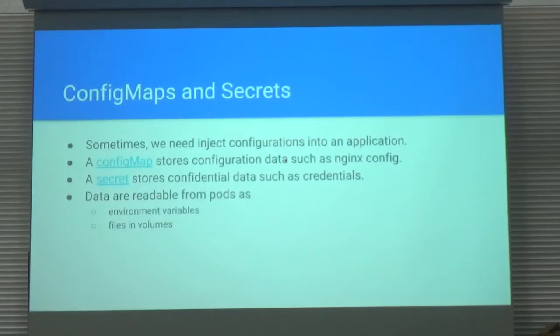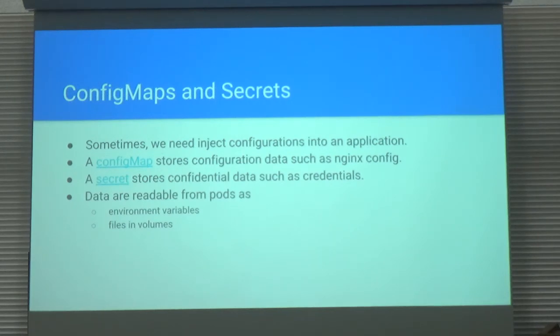Okay, next is ConfigMaps and Secrets. Sometimes we need to inject some configurations into an application. These are for injecting into a pod. A ConfigMap stores configuration data such as nginx config or something.